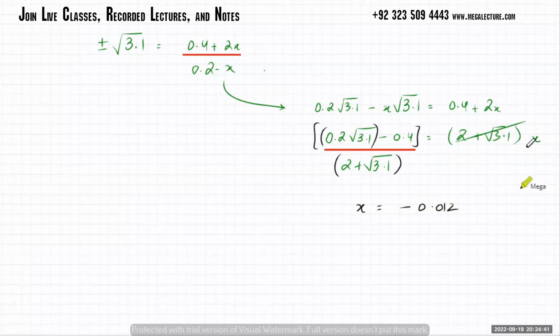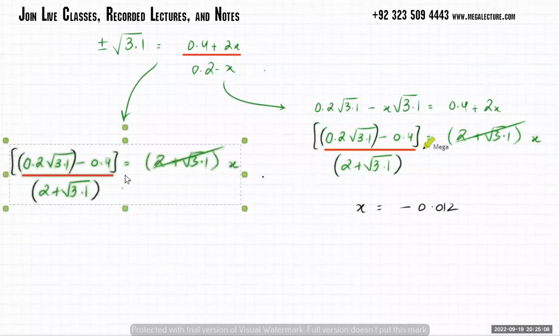The other one I'm going to solve is for minus 3.1 under root. Check, sorry, if everyone is getting this. The only difference would be I just take the same expression. There's no new working to do. All you have to do is copy the same expression and just change the 3.1 under root to minus 3.1 under root.